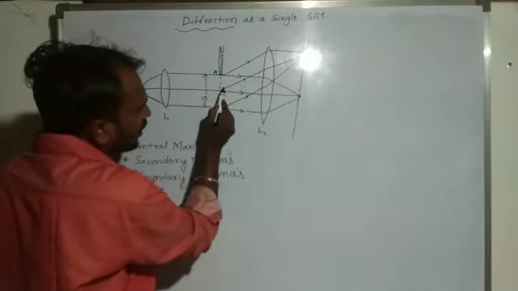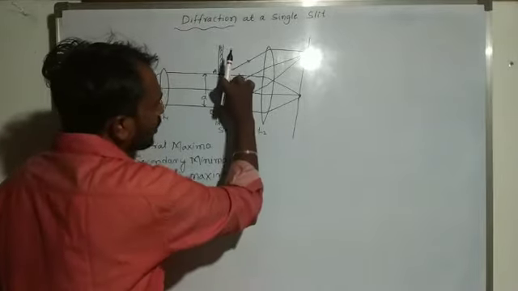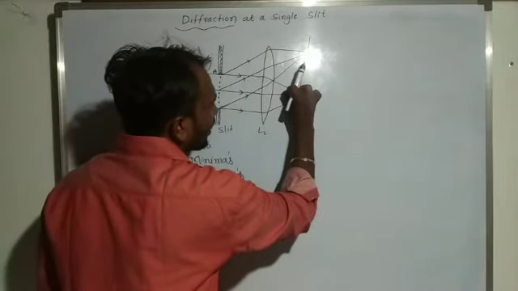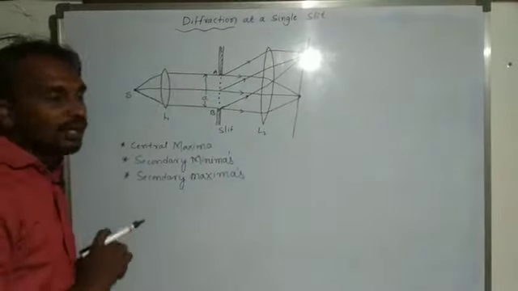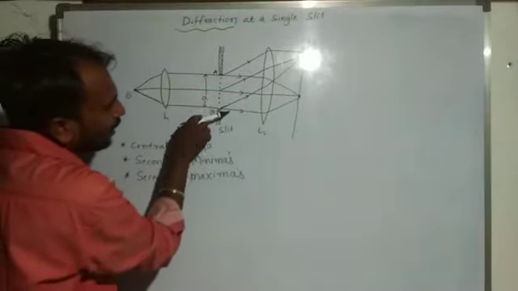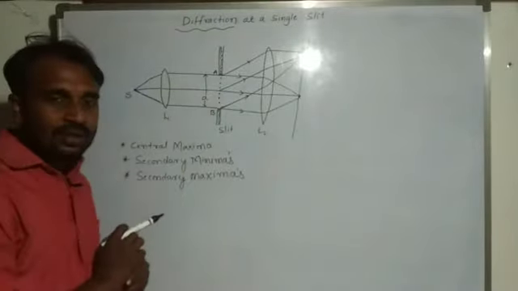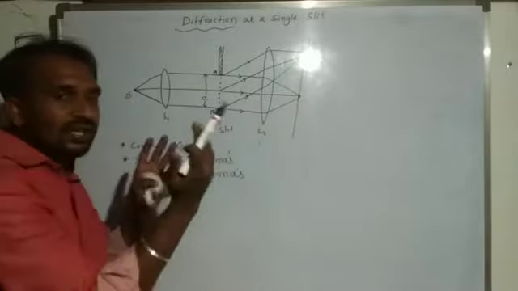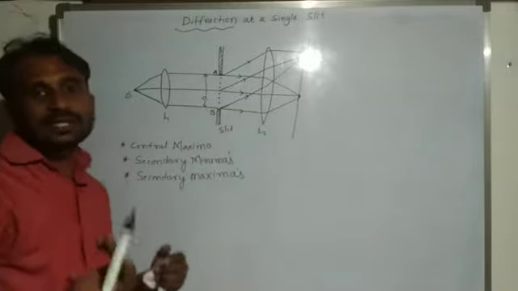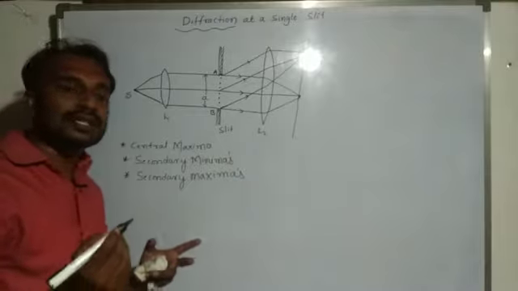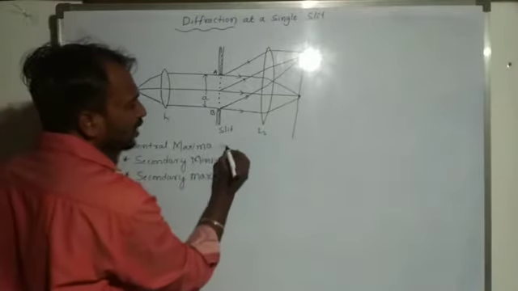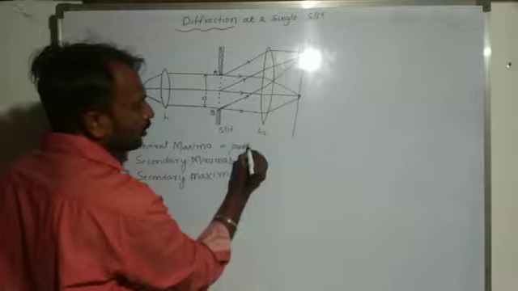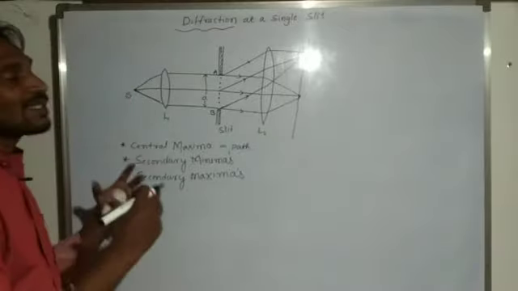Suppose we consider one point and another point. Here the rays of light are refracted and meet at a single point. It means any rays of light travel an equal path, an equal distance. For this reason, we consider the path difference as 0. When the path difference is 0, we get maximum intensity.